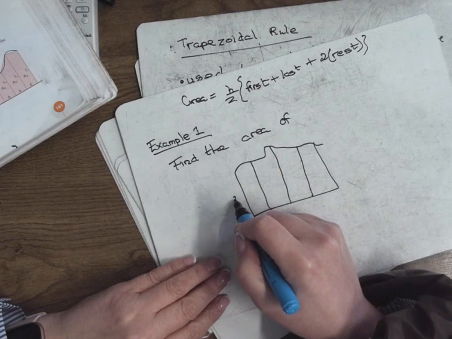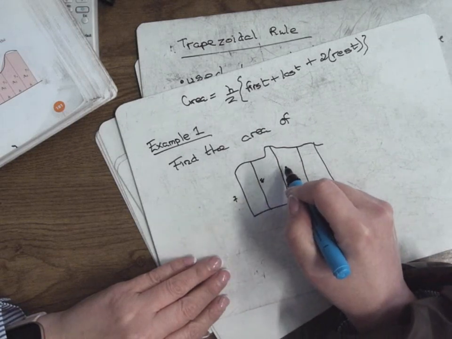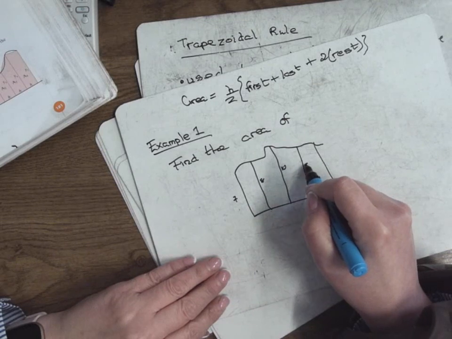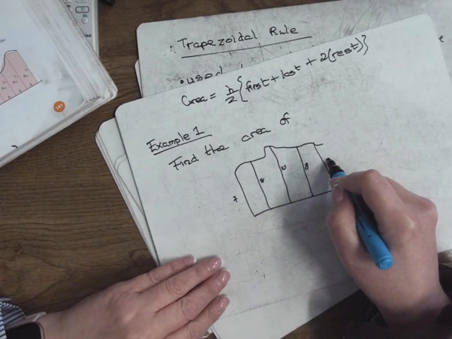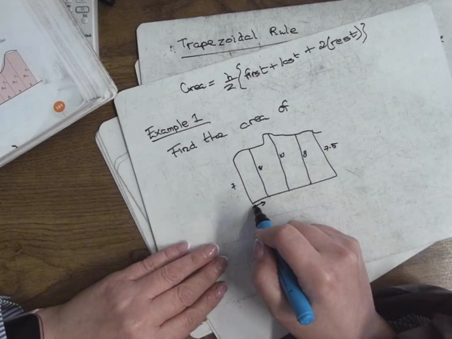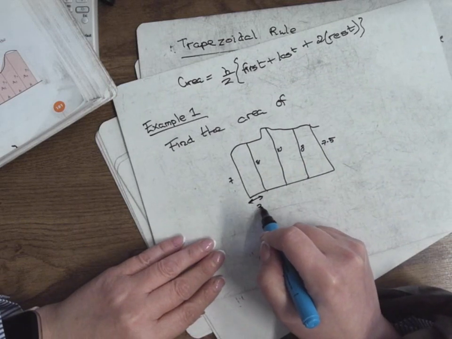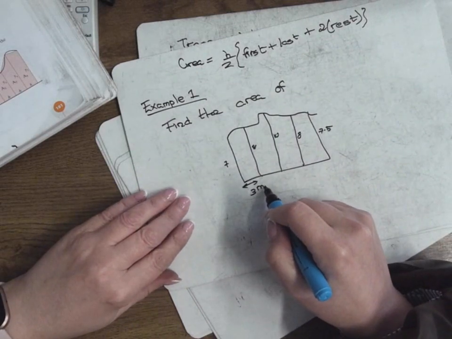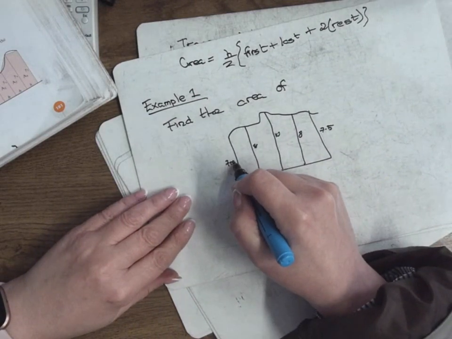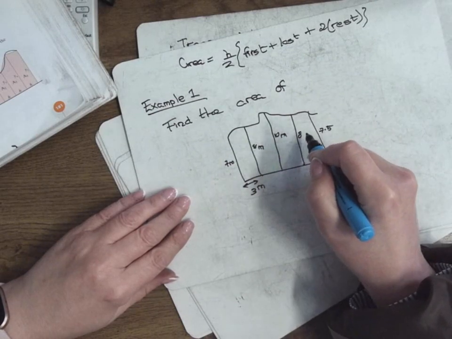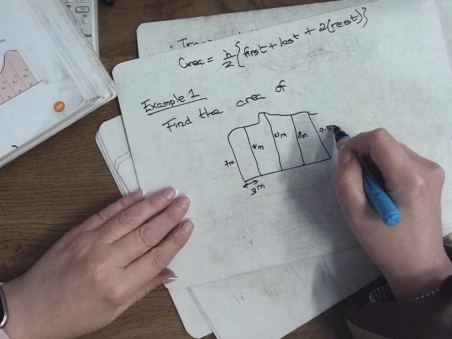I say this is 7, this is 8, this is 10, this is 8, and this is 7.5. And we'll say that gap is 3, and everything's in meters. So 7 meters, 8 meters, 10 meters, 8 meters, 7.5 meters.